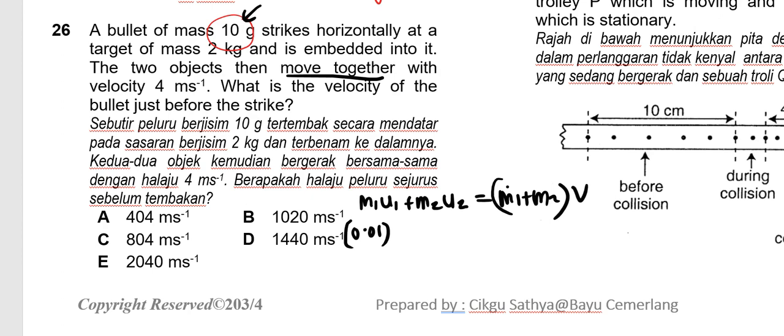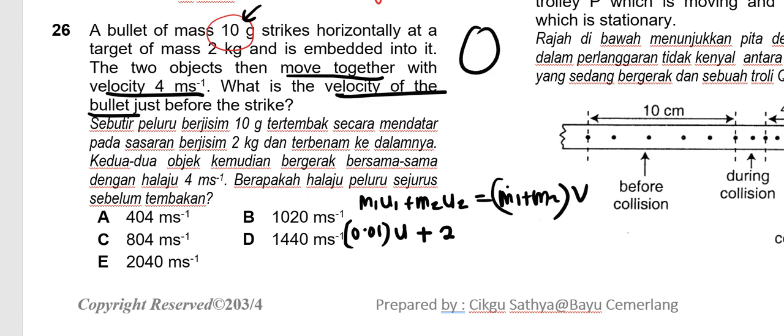The bullet of mass 0.01 kg, and its initial velocity u is what they are asking: what is the velocity of the bullet just before the strike. Plus the 2 kg object, its velocity is not 4; the 4 is after moving together, after impact.